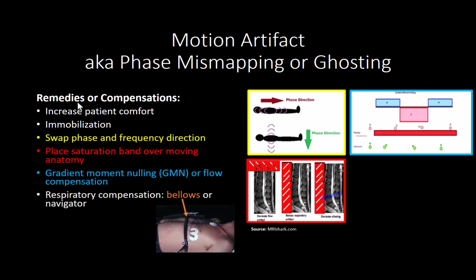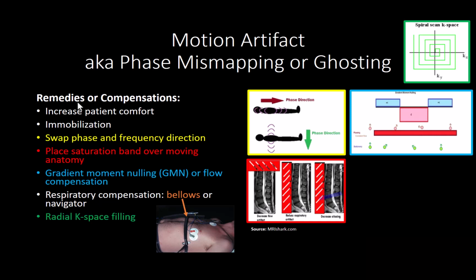You can also use respiratory compensation like bellows or the respiratory navigator. Bellows are a little outdated and a lot of scanners now have sensors within the table. You can use radial k-space filling methods like PROPELLER or BLADE, which compensates for motion by filling k-space in this spiral fashion.